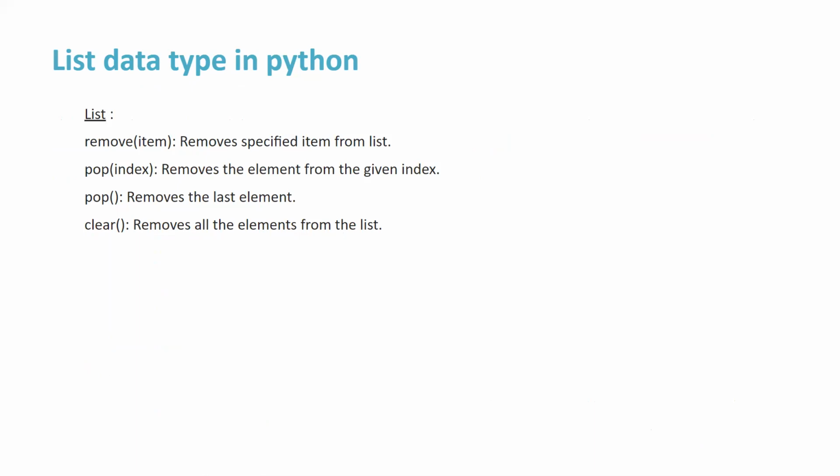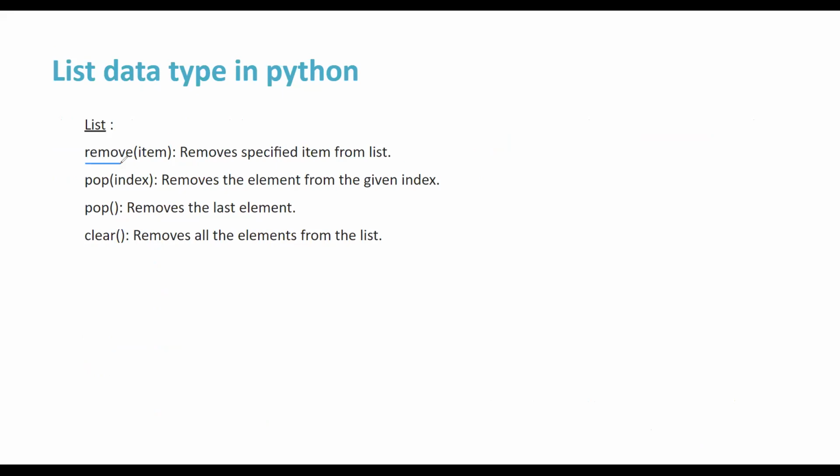If we take the first operation, what is happening is remove. What is remove doing? If you mention an item, suppose my list is having a value called 4, and I say remove of 4, it will remove that particular value from the list.